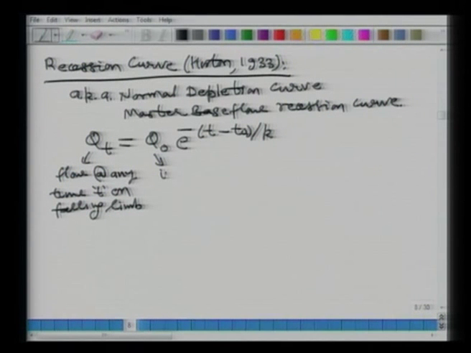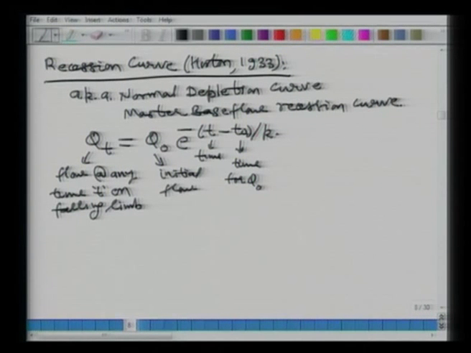Q0 is the initial flow, okay, at the beginning of the falling limb. t is of course time, any time after t0, and t0 is the time for Q0, or when the flow Q0 starts, or when your time begins on the falling limb.